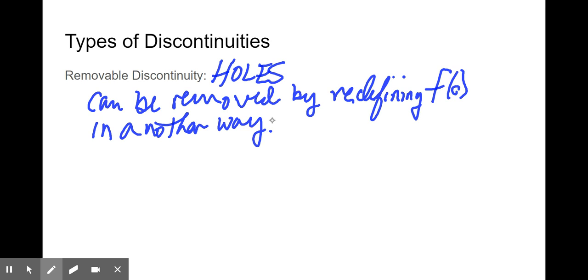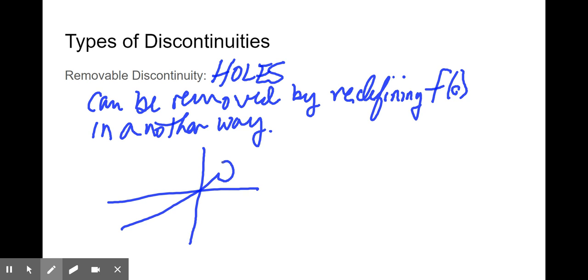We'll take a look at how you would do that in a little while. I don't think the ability to redefine a function is actually on the exam in terms of holes, but we're going to look at it because it does show up in calculus and it is important.